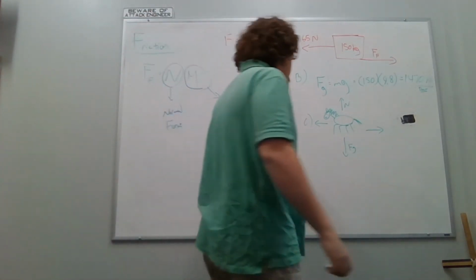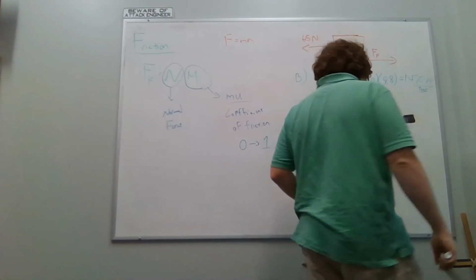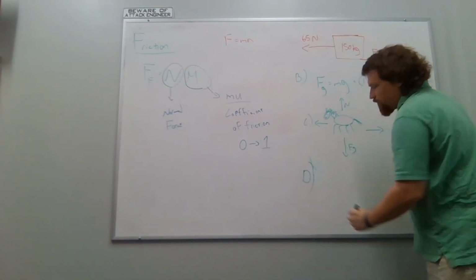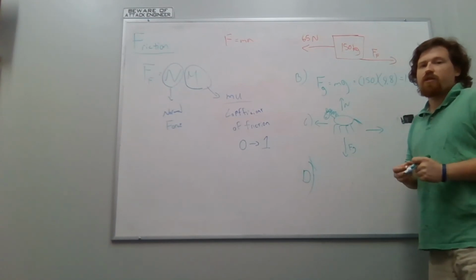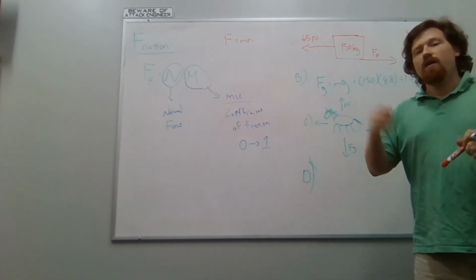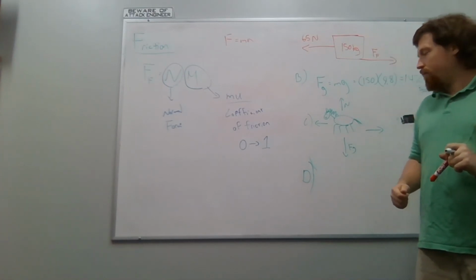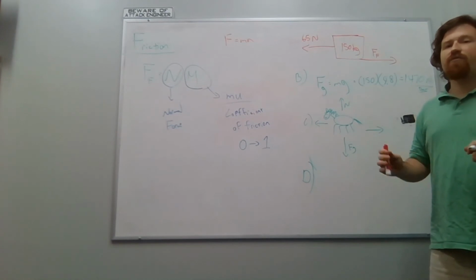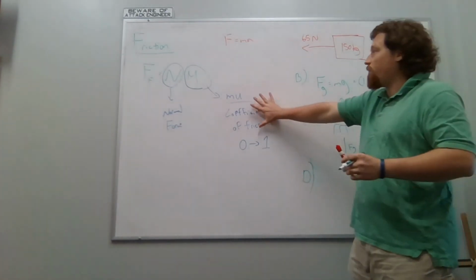The last question, D, asks, what is the coefficient of friction between the horse and buggy and the road? So, we want coefficient of friction. That's this thing. We want mu.